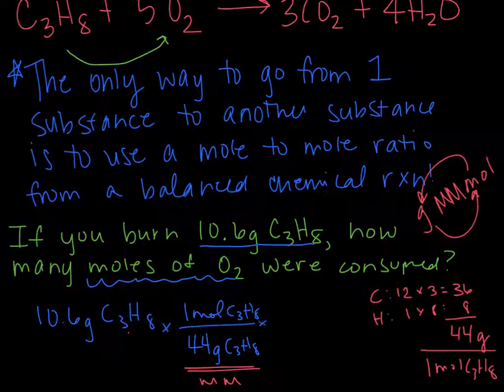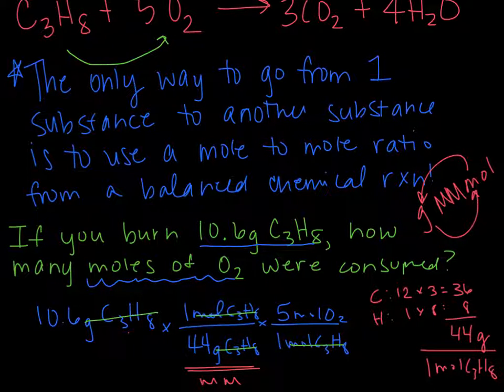Now that I have moles, I can use a mole-to-mole ratio to change substances, because that's how we change substances. In the chemical reaction, it says that I've got 1 mole of C3H8, and that will react with 5 moles of O2, which is right here in the chemical reaction. Now moles of C3H8 and moles of C3H8 cancel, grams of C3H8 and grams of C3H8 cancel.